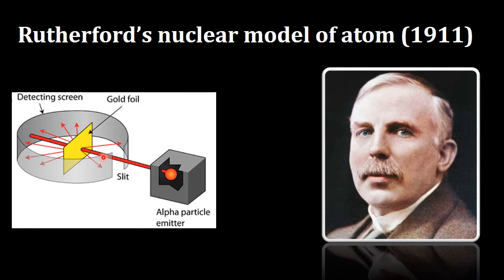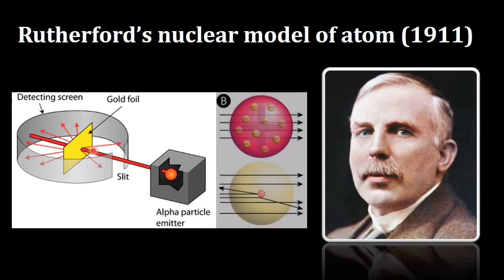A small number of alpha particles that got deflected through a small or big angle must have faced an obstacle in their path. It means that a positively charged and heavy part causing obstruction would be there, at the center of the atom. From this, Rutherford put forth a nuclear model for an atom like this.